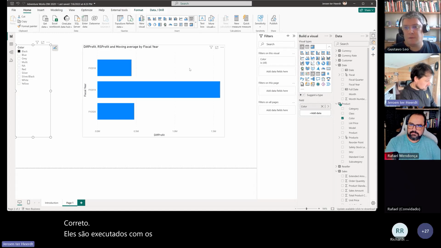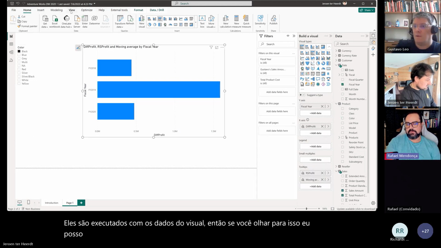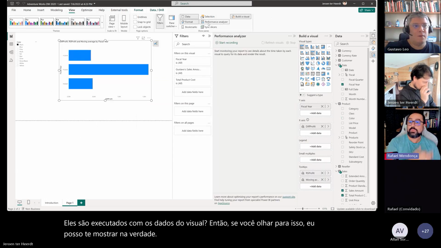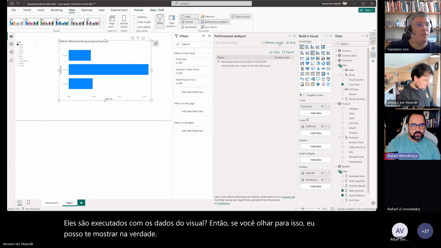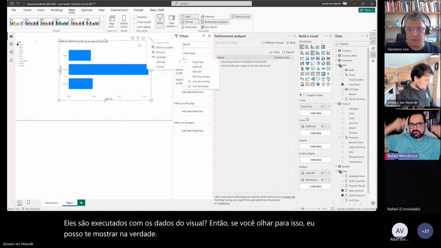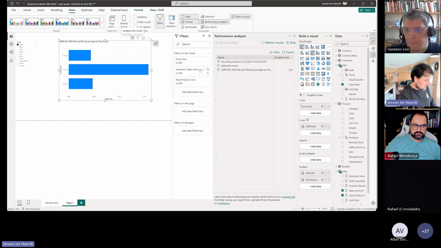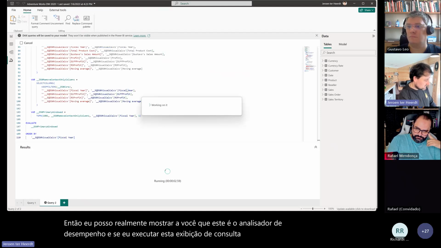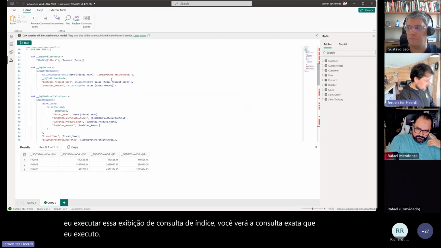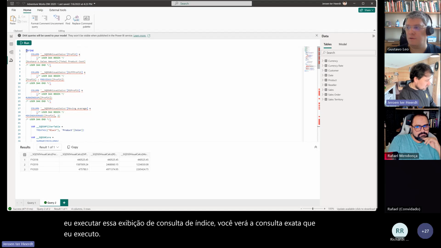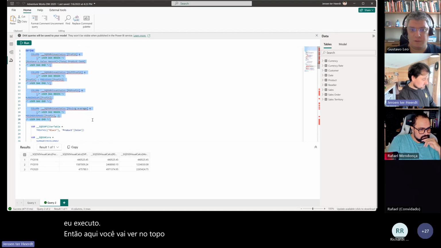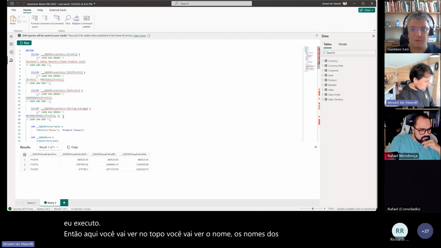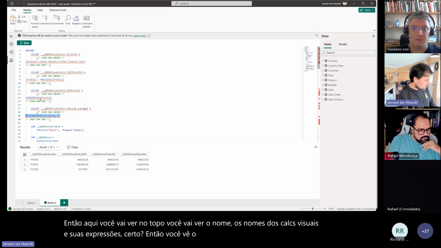So if you look at this, I can show you actually. This is great because we don't have to query new data from the model. This is the performance analyzer, and if I run this in DAX query view, you'll see the exact query that I run. In here, at the top, you'll see the names of the visual calcs and their expressions, right? So you see your moving average in here. You see your running sum.